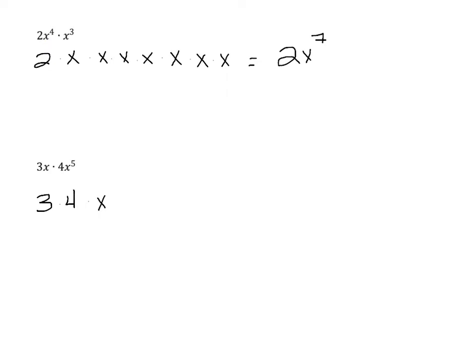There's your 1 x from the 3x. And then you have 5 x's from the 4x to the fifth. 3 times 4, we know that to be 12. And then if we look at all these x's, we have 6 of them. That's x to the 6th power.